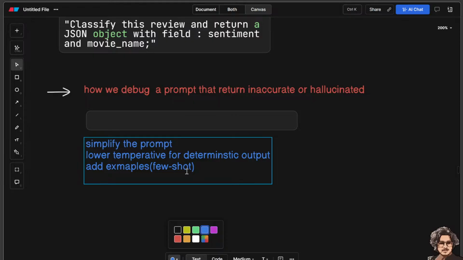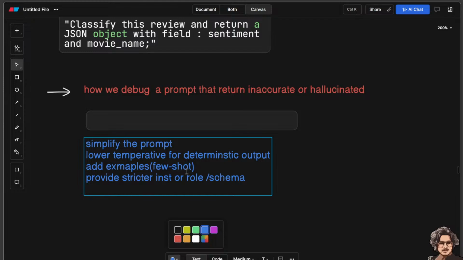Provide stricter instructions, or a role or persona, which we call role prompting, or a schema. Or experiment with context parsing.